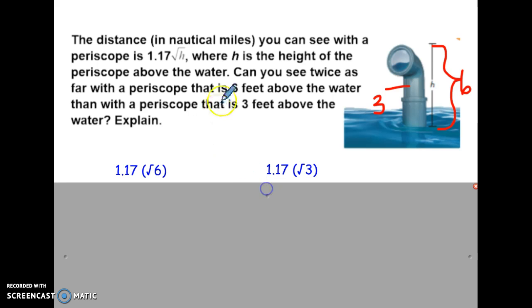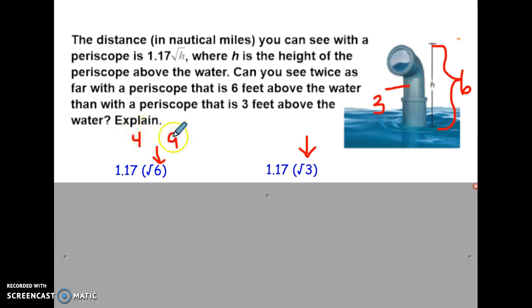So what I need to do is plug in my 6 and my 3. And so that you have the equation. Now, what I know is that the square root of 6 is somewhere between 2 and 3, because the square root of 4 is 2 and the square root of 9 is 3.